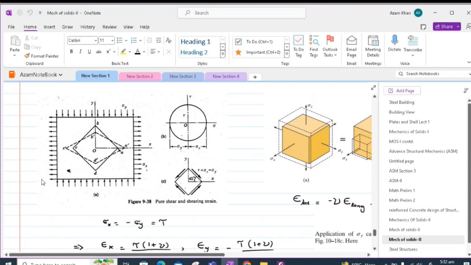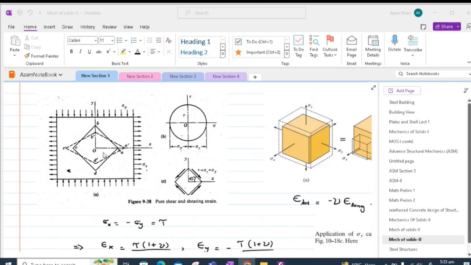Before deformation, the angle between the concurrent lines of this box is 90 degrees. In other words, the angle between BC and CD is 90 degrees. Similarly, CD and DA is 90 degrees, DA and BA is 90 degrees, and the angle between BC and BA is 90 degrees.